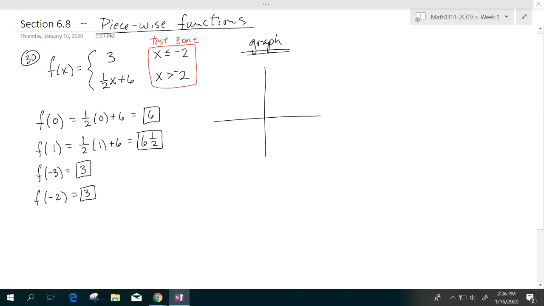Well, did you notice that I've already done 4 x's? So I've already done 4 x's and I got 4 y's. Did y'all notice what I'm doing is generating ordered pairs? X, comma, y. I'm generating ordered pairs, so I can plot some points now. 0 is 6. I know that's a point. 1 is 6.5.